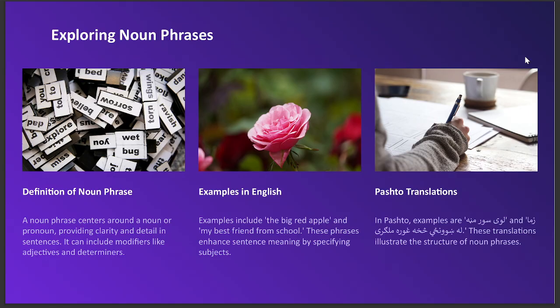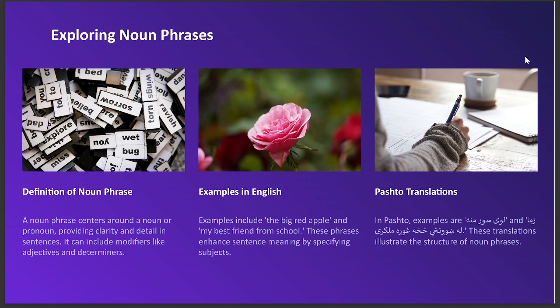It can sometimes include modifiers like adjectives and determiners. Examples from the English language are "the big red apple" and "my best friend from the school." These phrases enhance sentence meaning by specifying subjects.